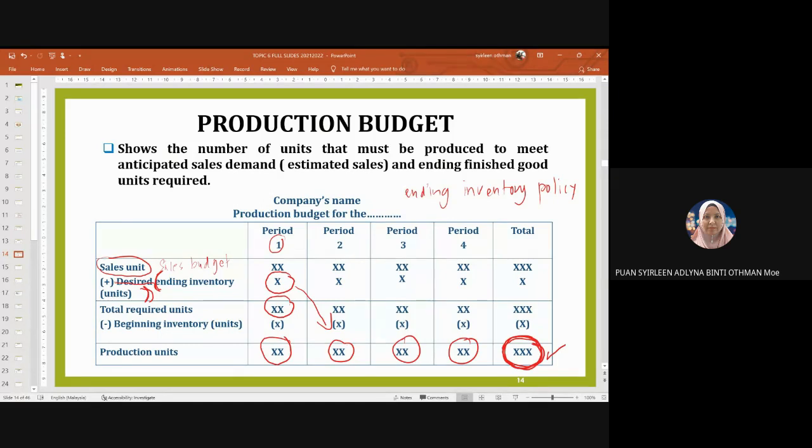So let's look at the total column. What are we going to total up?